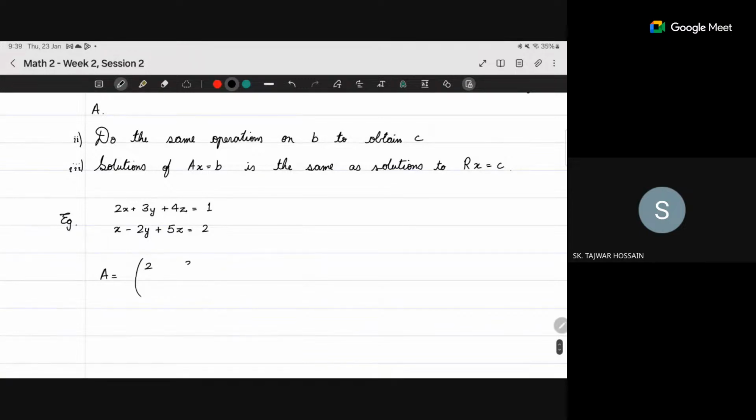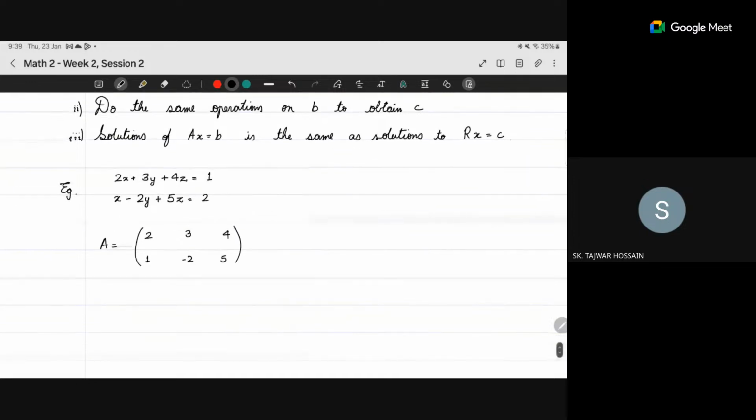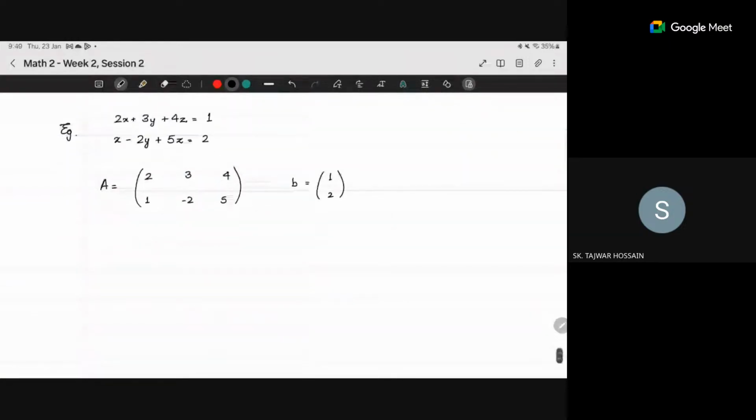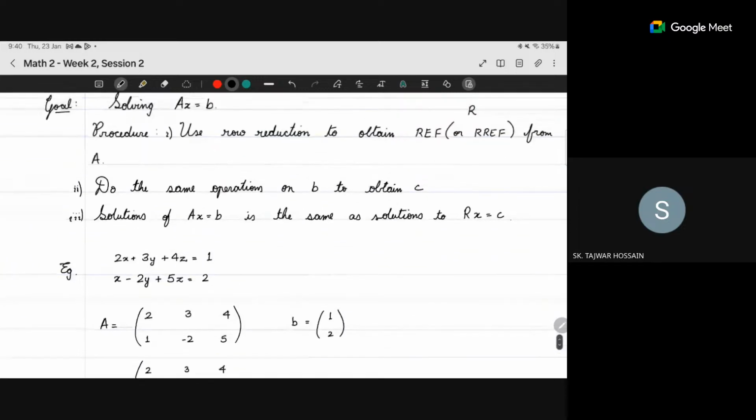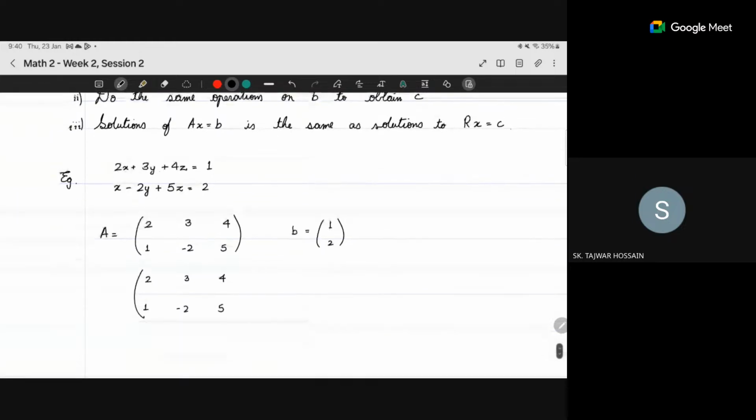In this case, our initial coefficient matrix is 1, minus 2, 5, and B is 1 comma 2. So now we have to convert this to REF. But here is something that we will do simultaneously, since the rule says that whatever operations you do to obtain REF, you do the same on B. That is what this specifies.